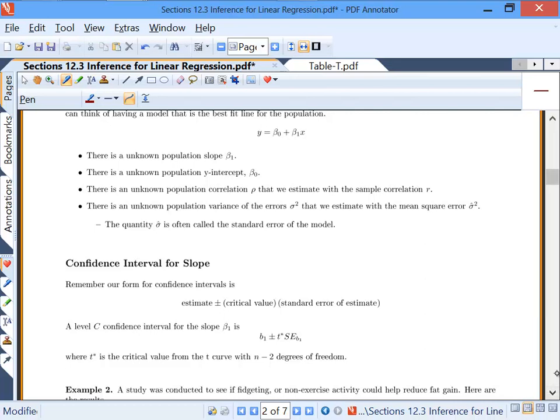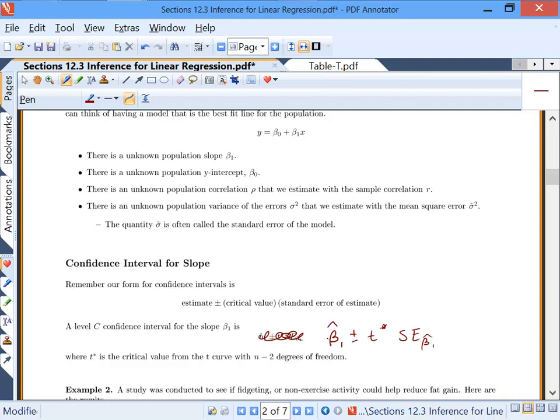Now remember, our general form for confidence intervals is always the estimate plus or minus a critical value times the standard error of the estimate. Which means that our confidence interval for our true population slope, beta 1, is beta 1 hat plus or minus our critical point times the standard error for beta 1 hat.